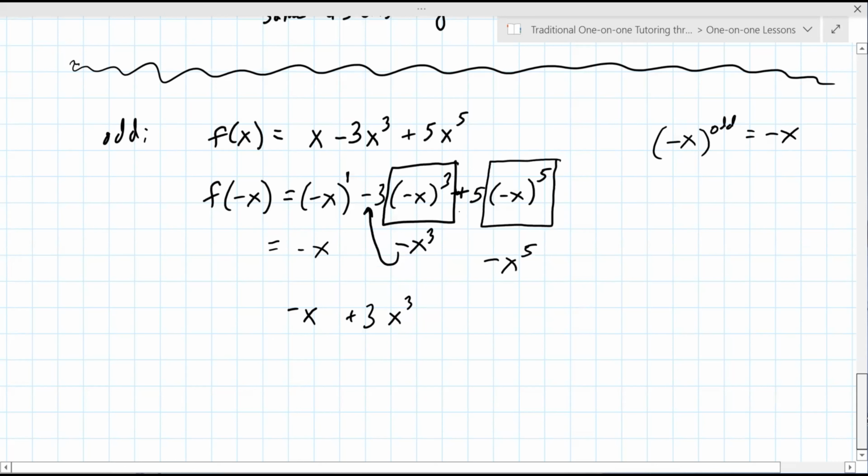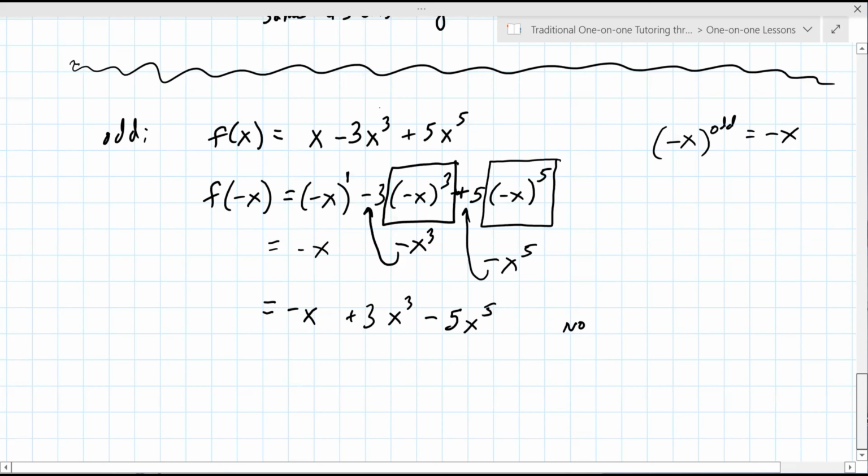It combines with this one right here and becomes minus 5x to the fifth. So now, because you don't know whether it's even or odd, you ask yourself, is this exactly the same as the original? And the answer is no, this is not the same as the original.